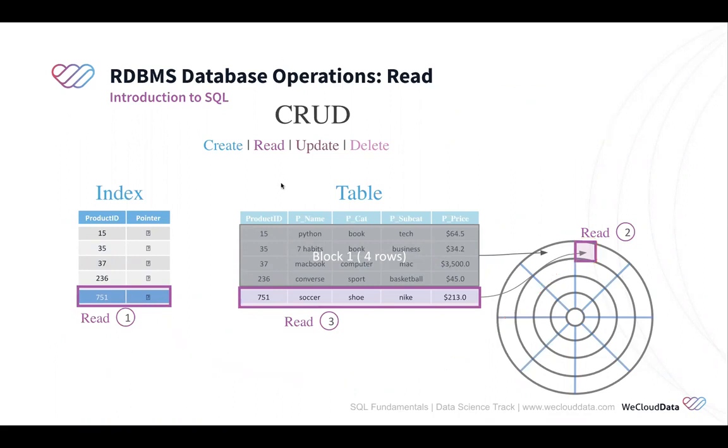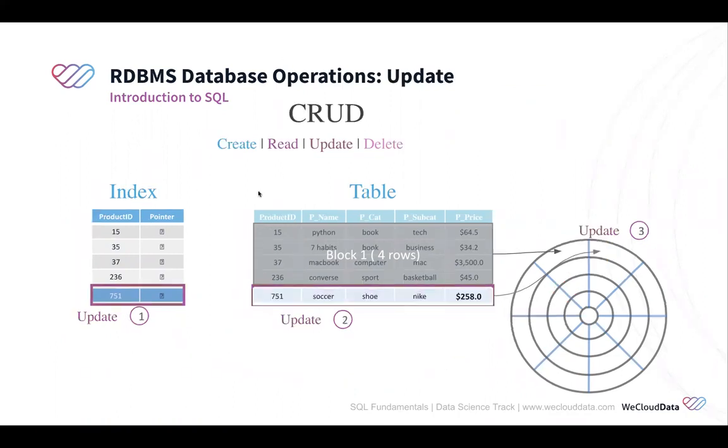And as you can tell, if we want to do update, it works the same way. It needs to hit the index first, go find that record, right? And then it's going to update the records in that block. So it's basically going to go find this row in that block, and then it needs to make an update.